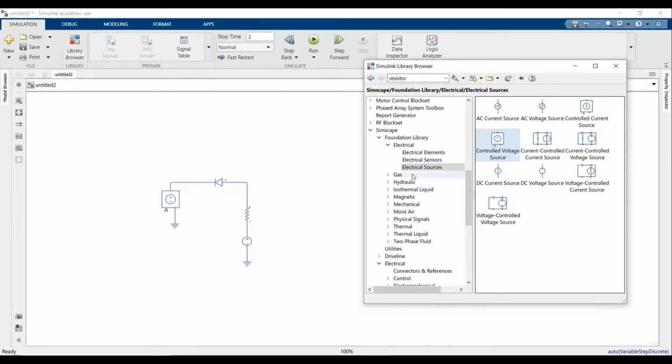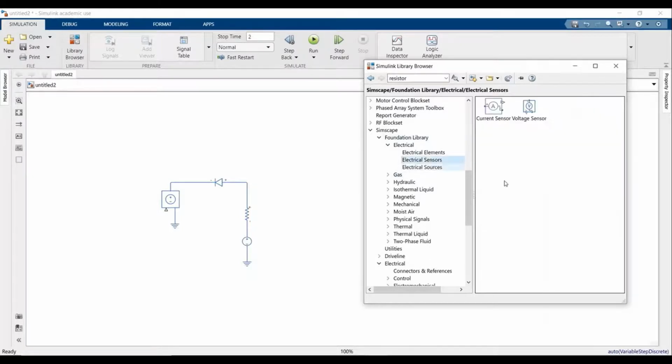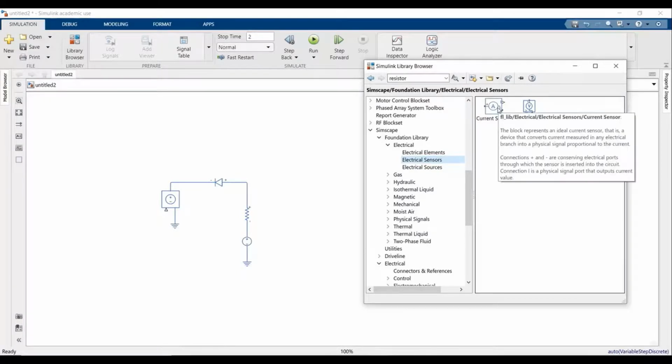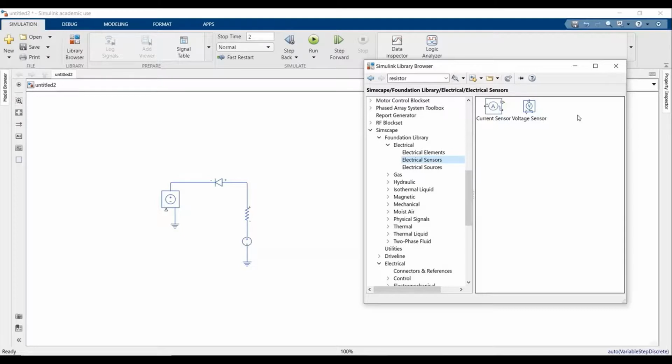And then here we want to be able to read out the output. So we need an electrical sensor. In the electrical sensor, we have two components. One is a current sensor to measure the current, and the other one is a voltage sensor to measure voltage.